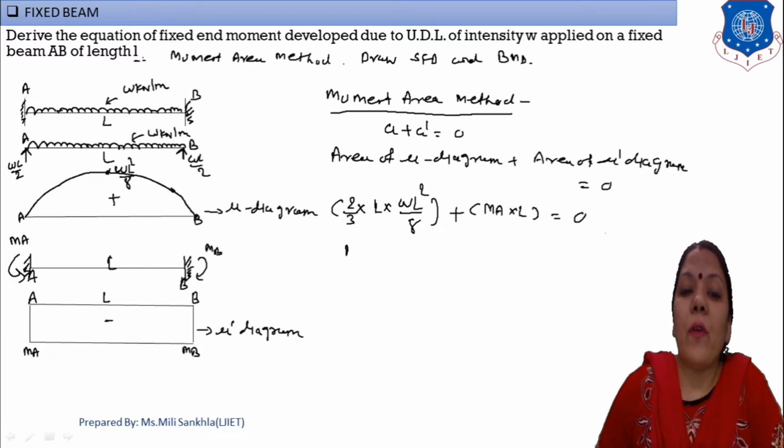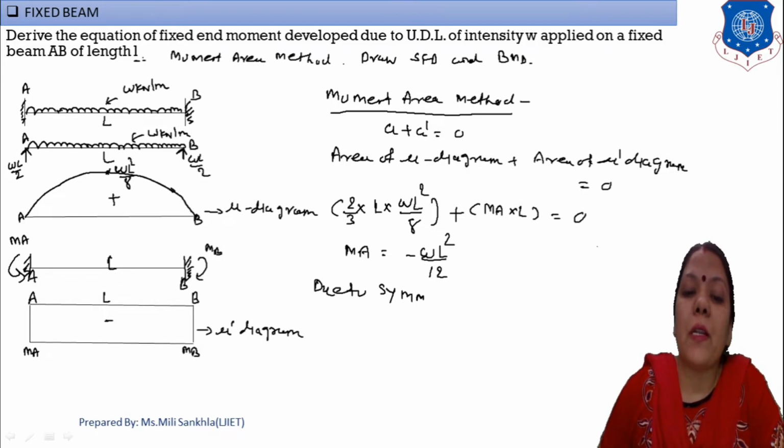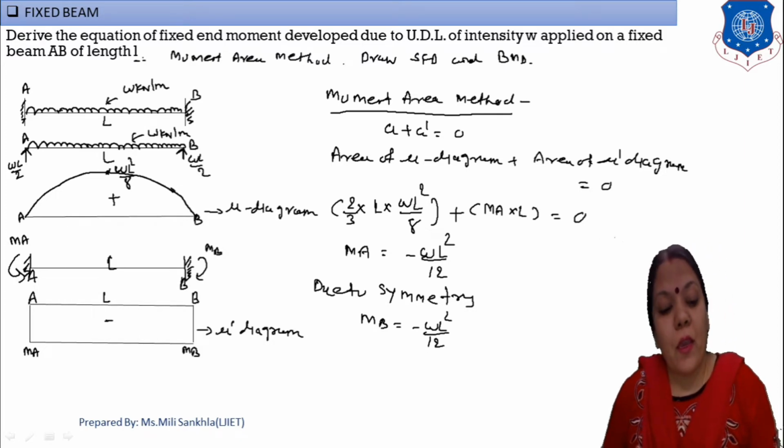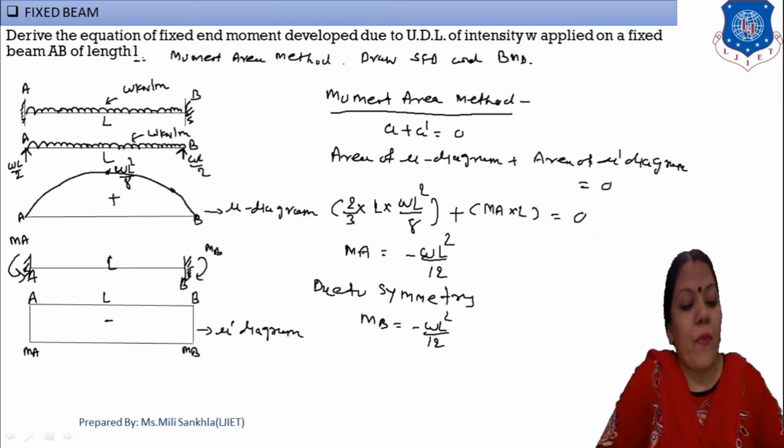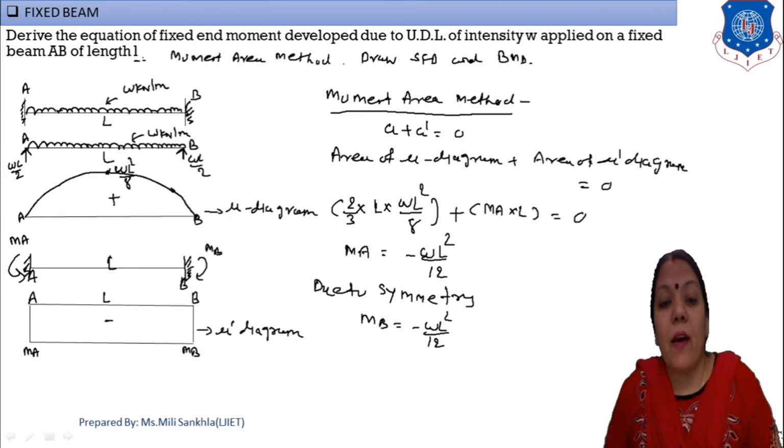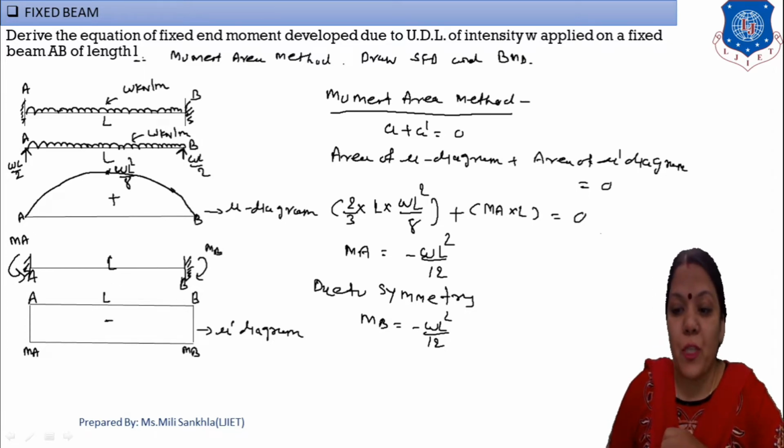After solving we get MA equal to minus WL square by 12, and due to symmetry MB is also equal to minus WL square by 12. We find the two values of MA and MB, and then we draw the SF and BM diagram with respect to this model.